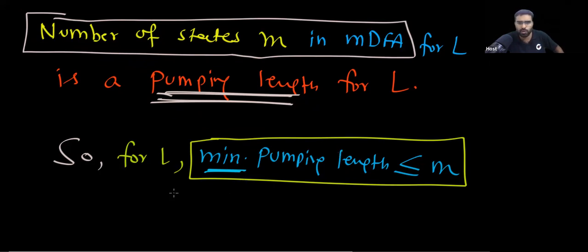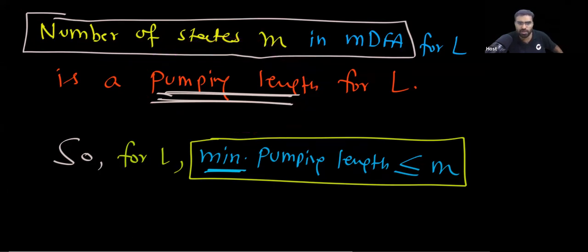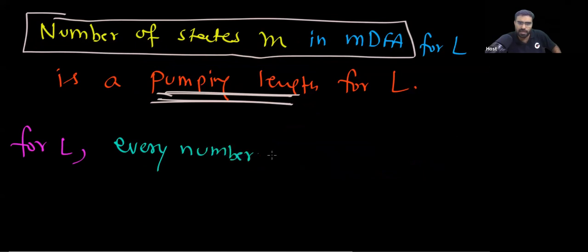This is a simple point, because you already know that M is a pumping length, so the minimum will be less than or equal to M. Now you tell me one more thing. Can I say that for L, every number greater than or equal to M is also a pumping length?